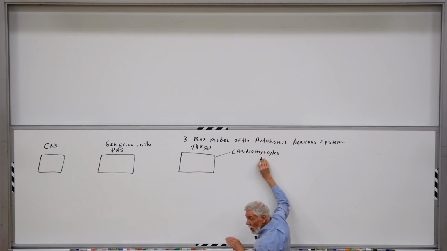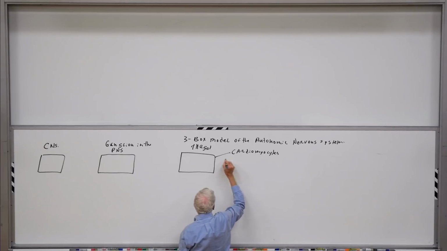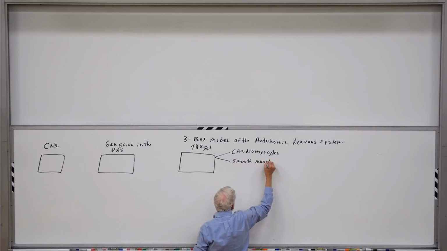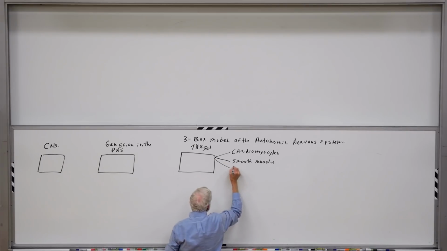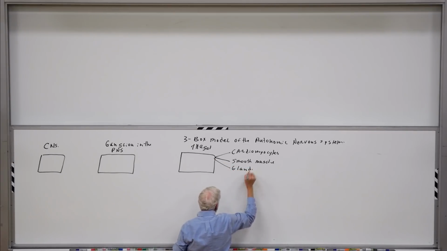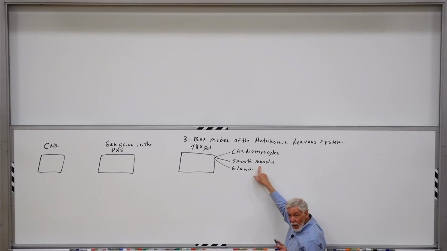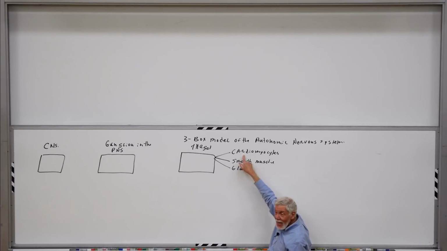We're going to emphasize today the pacemaker cardiomyocytes. It could be smooth muscle, or it could be a gland. We'll get into the smooth muscle a little bit later when we talk about the respiratory system. We'll get into glands a little bit later when we talk about salivary glands and a little bit on sweat glands. But today's emphasis will be on the cardiomyocytes.